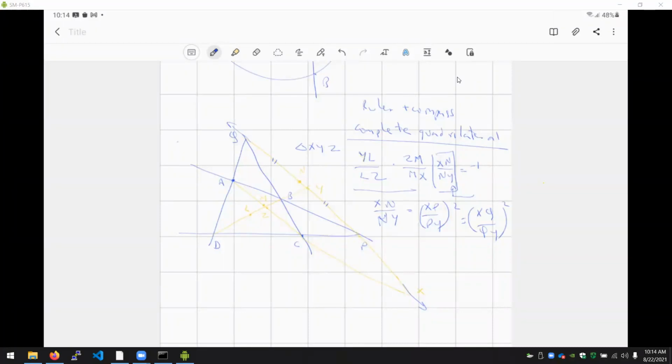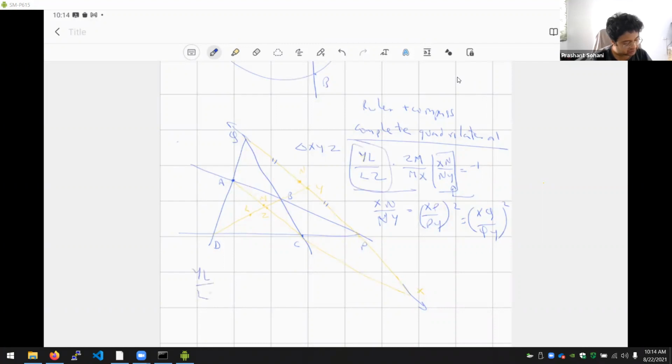So similarly, how can we rewrite the other ratios also? For example, look at yl upon lz. If I do the same thing on this line, now I'm talking about this line, what will that be equal to?